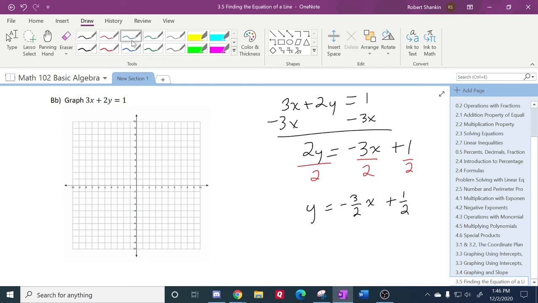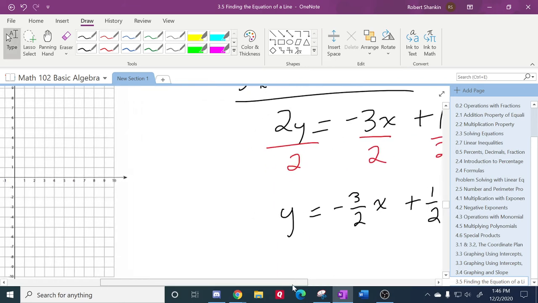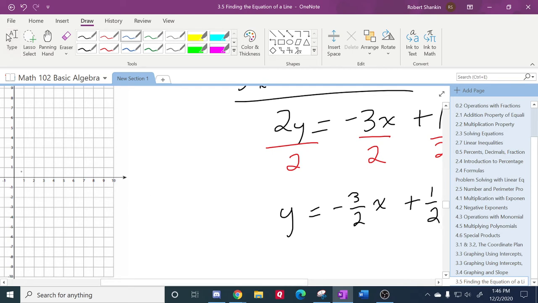Let me give you a quick 15 seconds to make a graph ahead of me. So 1/2 is the y-intercept. The slope, put that negative sign with either the top number or the bottom number, doesn't matter which, you'll get the same line in the end.